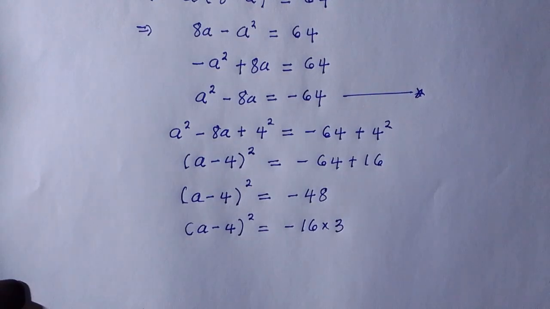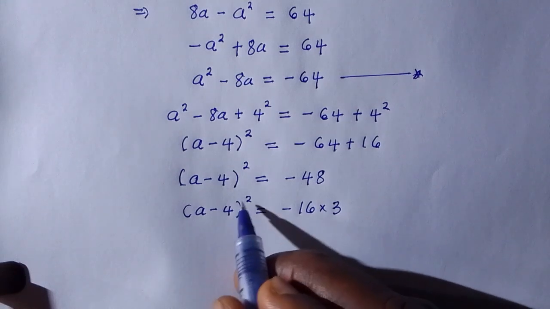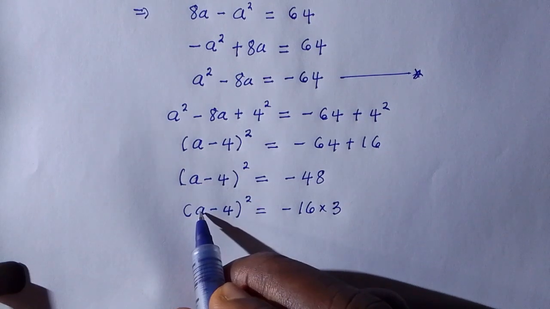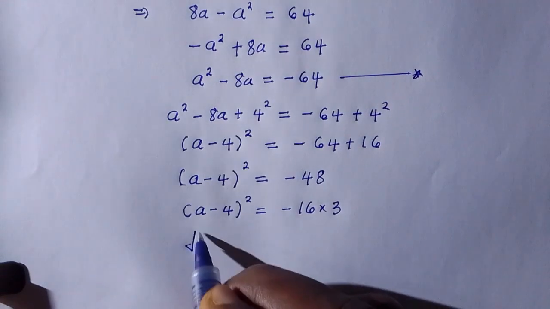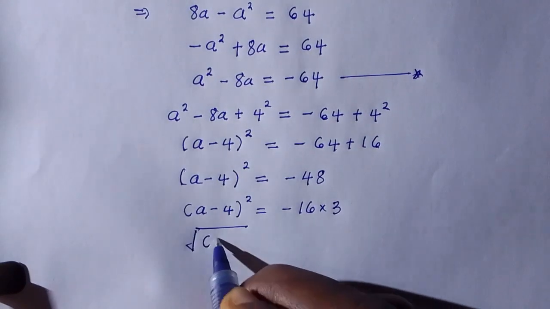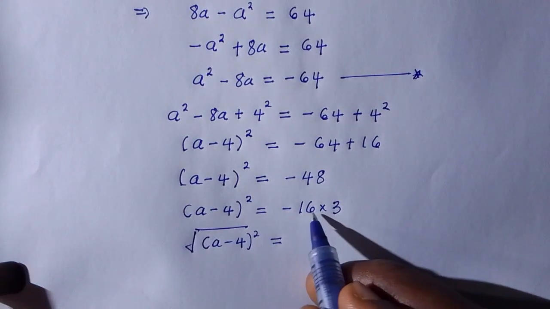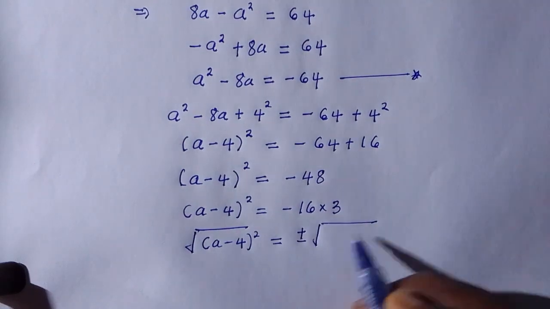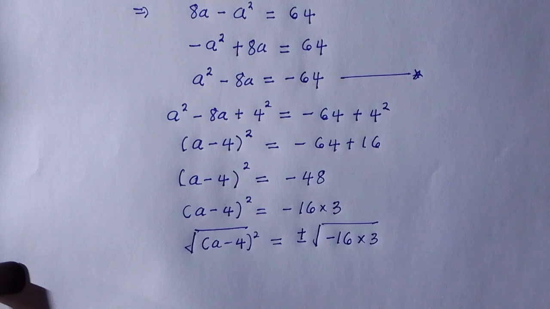So we get 48. Then we have to take the square root of both sides, just to get rid of this power of 2, since we need a and a is inside this. So by introducing the square root, we have a minus 4 equals plus or minus the square root of minus 16 multiplied by 3.